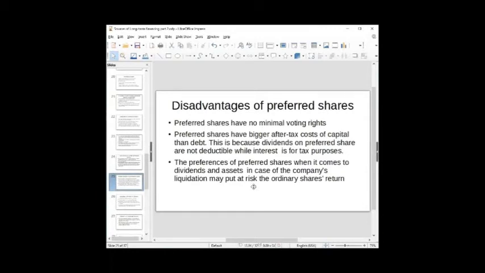The preferences of preferred shares when it comes to dividends and assets in case of the company's liquidation may put at risk the ordinary shares' return. Why? Because preferred shares have preferential rights on the assets of the company in case of liquidation. When the preferred shareholders are already satisfied, that's the time that the ordinary shareholders can claim their share of the assets of the company.